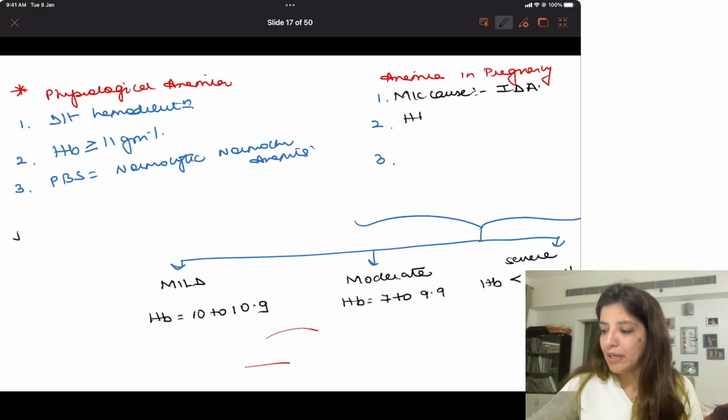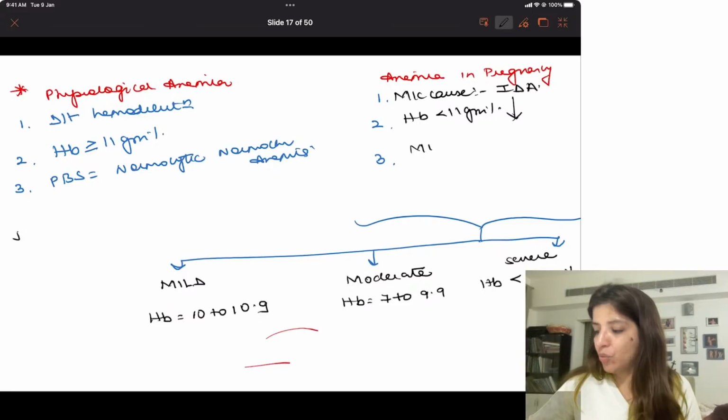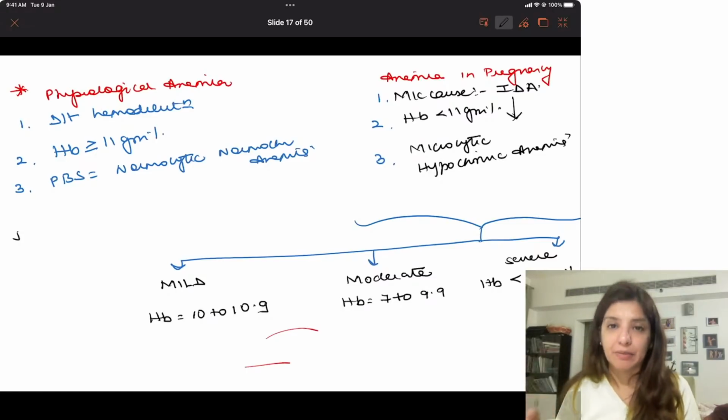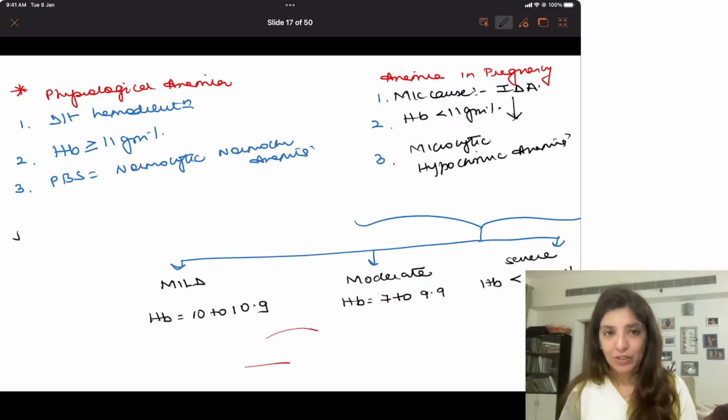Here hemoglobin will be less than 11 gram percent, and in iron deficiency anemia you are going to get a picture which is microcytic hypochromic anemia. When we say anemia in pregnancy, we are talking about pathological anemia, and this can be mild, moderate or severe.